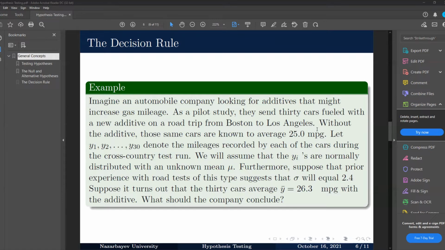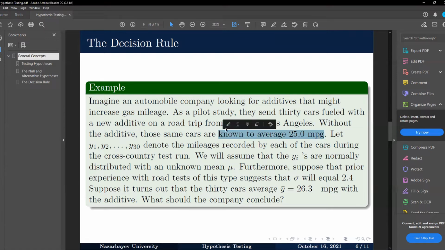We can also see that this is going to be our conservative idea: that the new fuel additive is ineffective, and the mean gas mileage is 25 miles per gallon. Let Y1 to Y30 denote the mileages recorded by each of the cars during the cross-country test run.